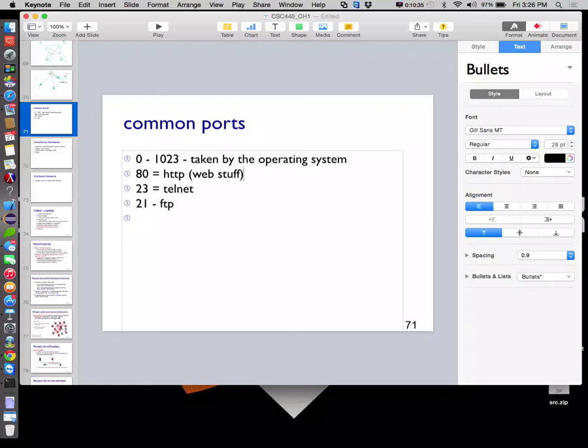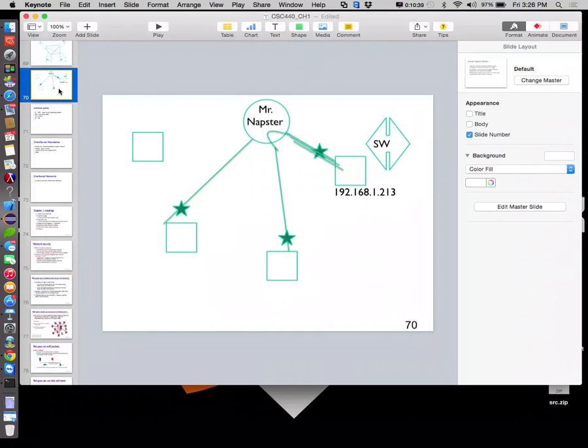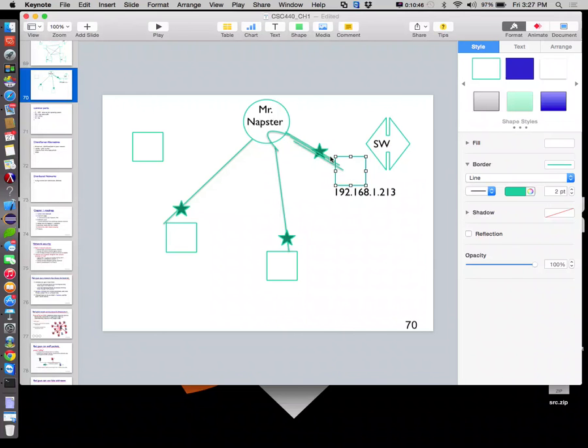Sometimes what would happen is when a communication channel was opened, when these two guys connected to Napster, it would then send back a port for you to actually communicate on. So it would randomly pick a port above 1024 and have you guys communicate on that port, but it would connect the dots for you.